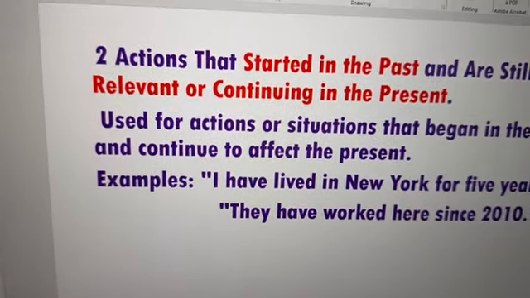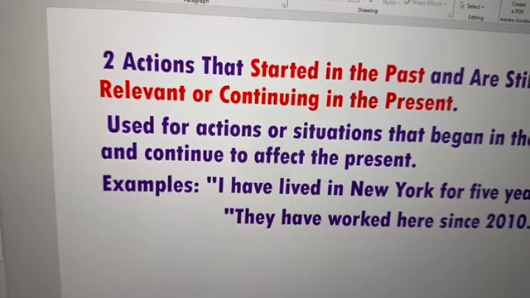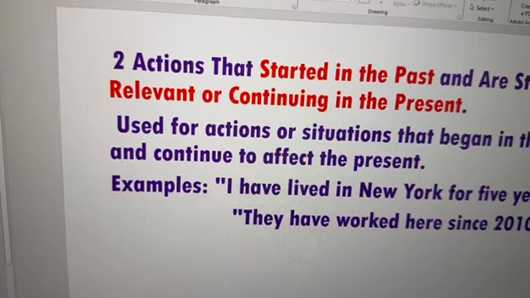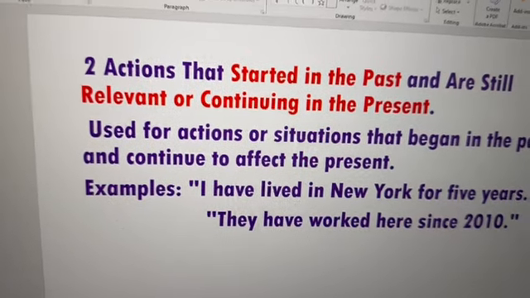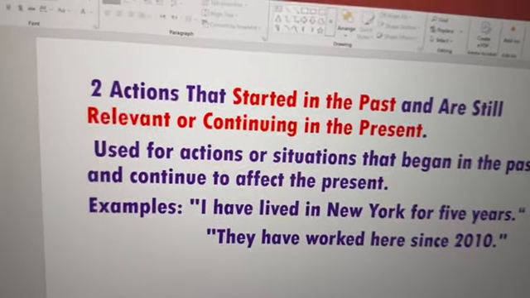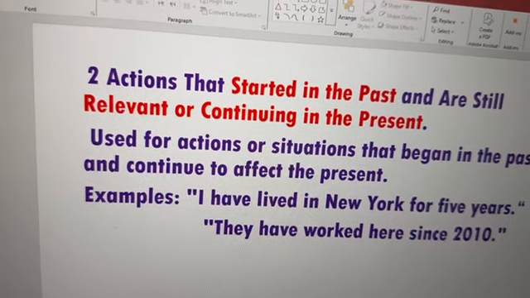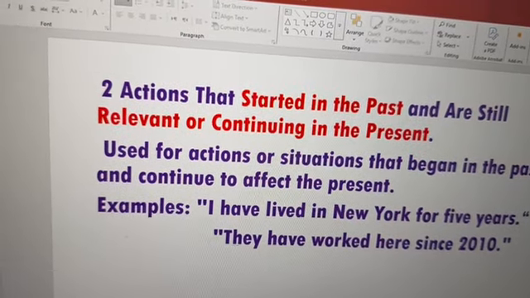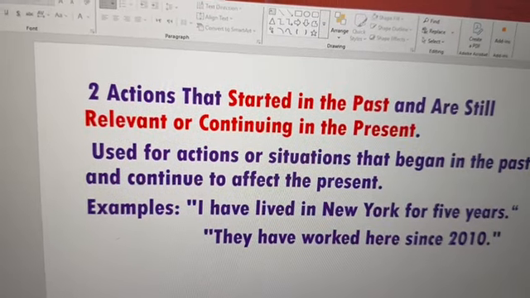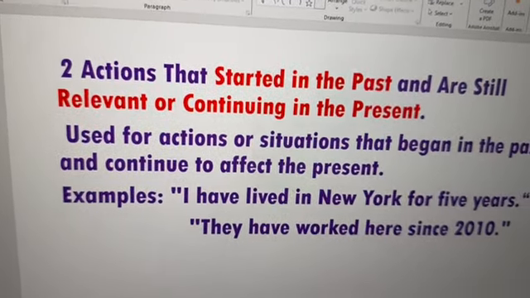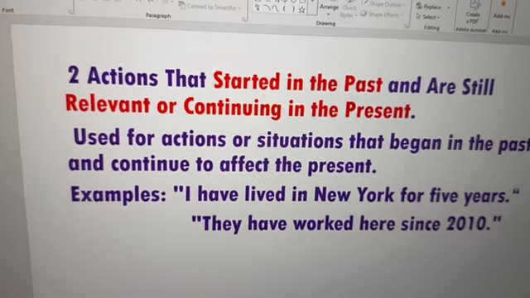Number 2. Actions that started in the past and are still relevant or continuing in the present. That means the action started in the past and continues to the present. As I've just mentioned, you have two tenses, the past and the present, that are combined in one tense, which will be this use.